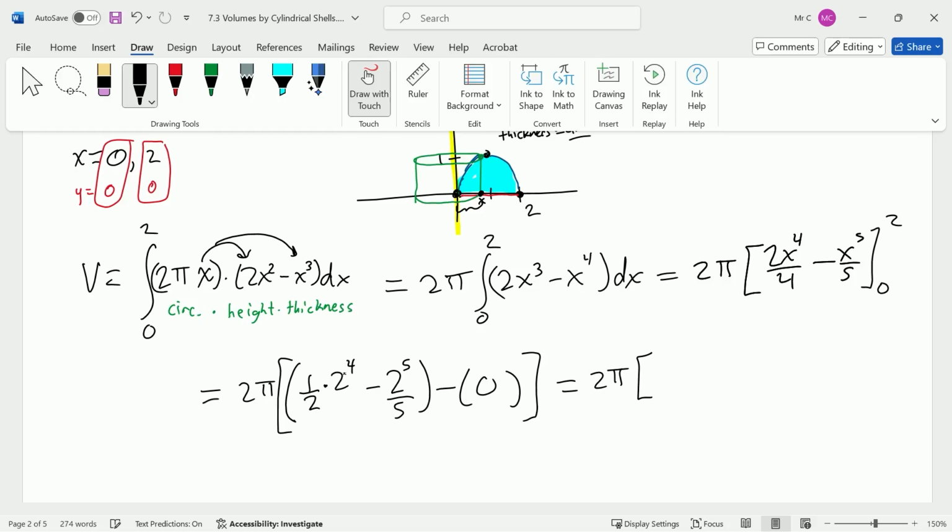Now 2 to the 4th over 2 is 2 cubed, which is 8, minus 2 to the 5th, that's 32 over 5. 8 is 40/5 minus 32/5. That's 8/5. So this is 2 pi times 8/5, which finally is 16 pi over 5.